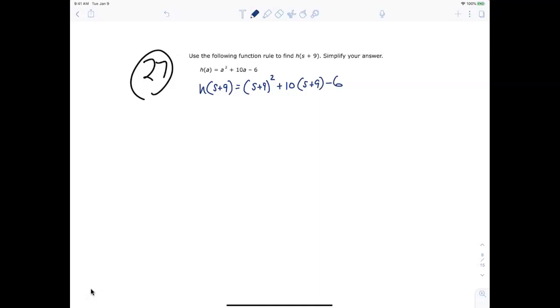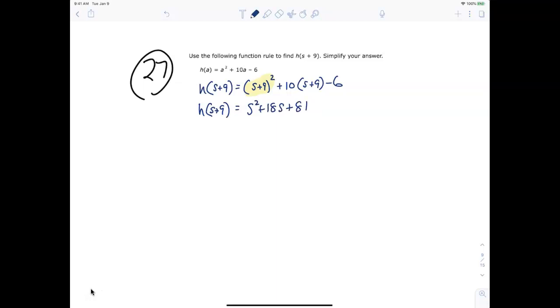Now, who among you looked at that and thought that was s squared plus 81? Of course, no one did, because you've been taught so well. When you square a binomial, you get a trinomial. So h of s plus 9 is equal to s squared plus 18s plus 81.